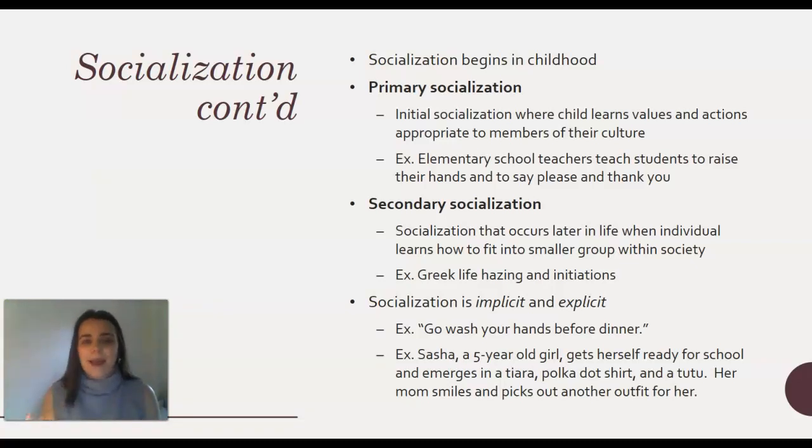Her mom maybe smiles at her, finds this very amusing, this combination of an outfit, and then brings her back into the bedroom and finds another outfit for her. Okay, so in this case, clearly the mom is guiding her in some way and is being directed by some sort of social norm, right? That when we go to school, we dress a certain way, perhaps tutus are just for ballet class, and we don't wear them out of the house or out of the ballet studio, right?